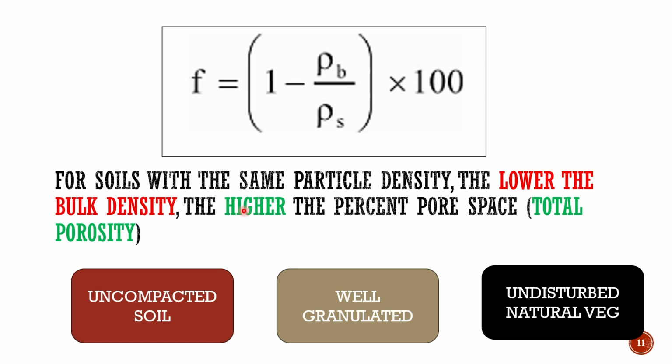So bulk density and porosity are inversely related. From this we have to understand that higher pore space indicates the soil is uncompacted, that is no compaction, well granulated and with undisturbed natural vegetation. So when the soil gets disturbed, bulk density increases. Remember that.